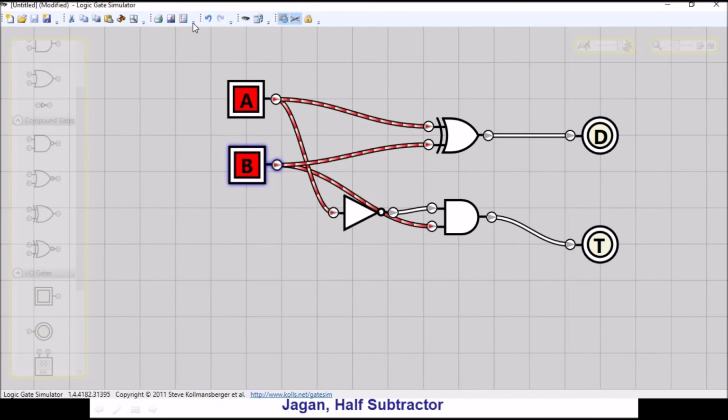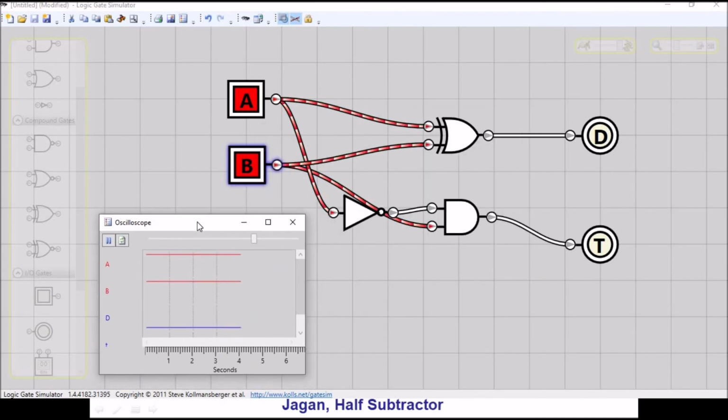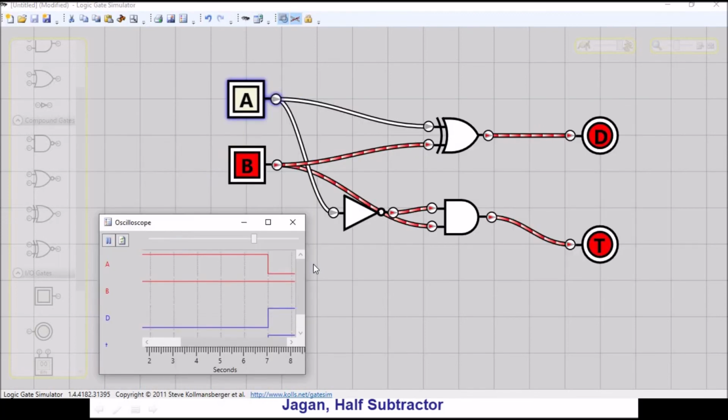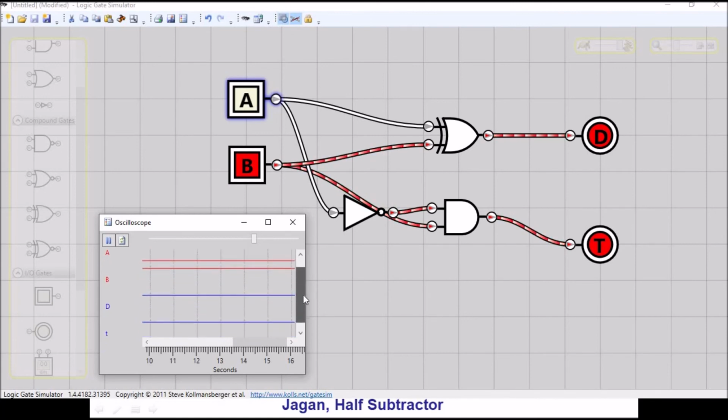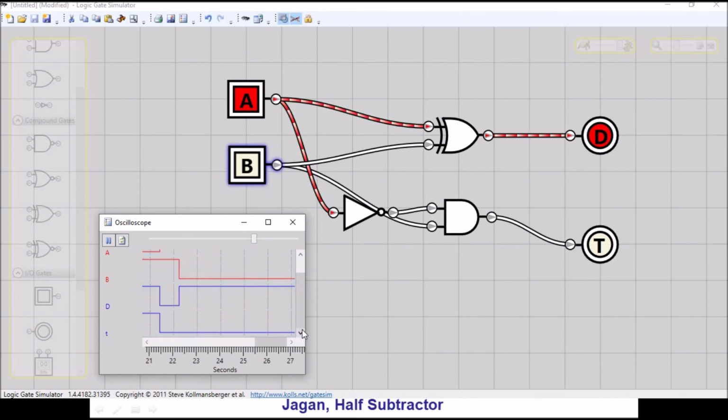In the same way, if you want to have the display in the oscilloscope, I can very well have it in the oscilloscope. You can see over here. I am just going to change my input as 0 1. You could see A is 0, B is 1, and your difference is 1, and also your borrow is also 1. If I make it 1 0, you have the difference 1 and borrow 0.